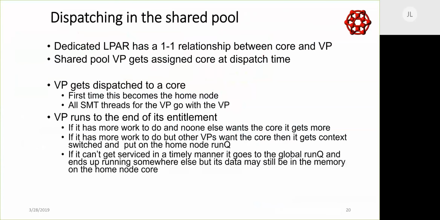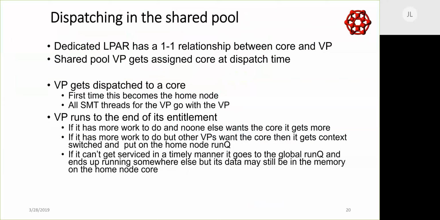Now, in terms of dispatching in the shared pool, as I mentioned, the dedicated LPAR has a one-to-one relationship between the core and the virtual processor. In the shared pool, it gets assigned the core at dispatch time. So the first time a virtual processor gets dispatched, the core that it gets dispatched to becomes what we call the home node.